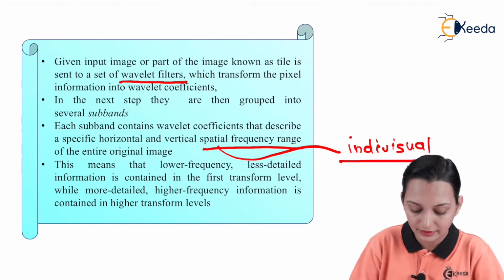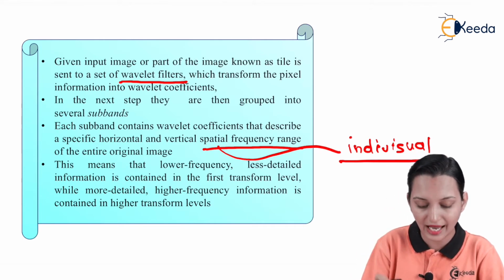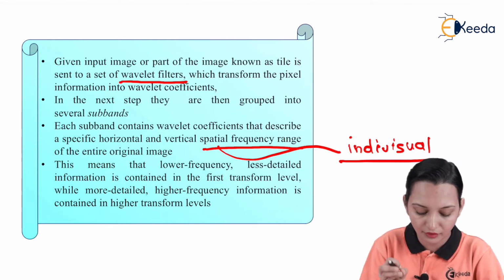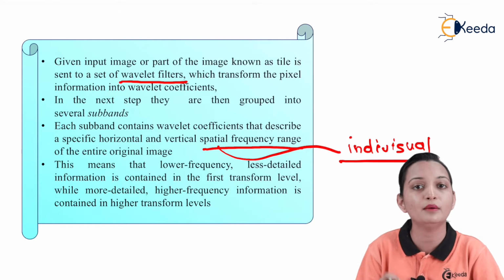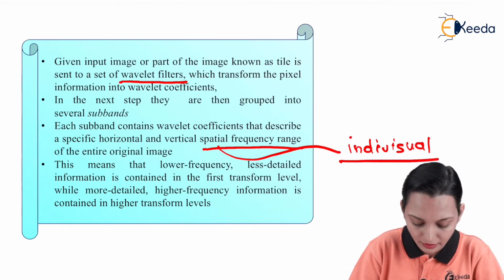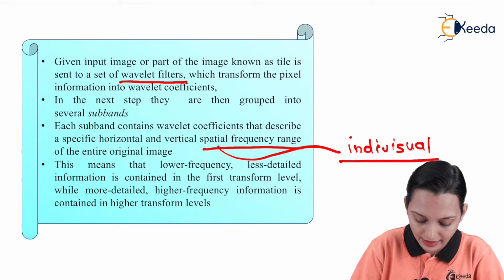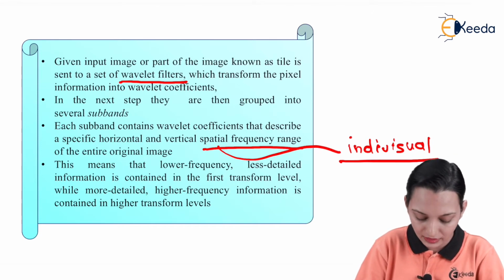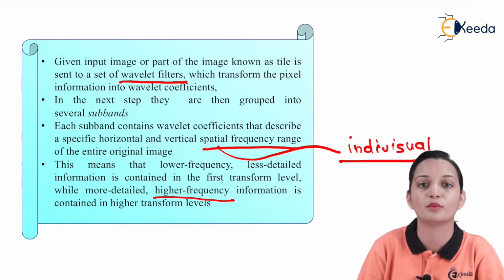Like that, every value we have to assign to vertical and horizontal lines with a frequency range to develop the original image. This means lower frequency, less detailed information is contained in the first transform level, while more detailed, higher frequency information is contained in the higher transform level.